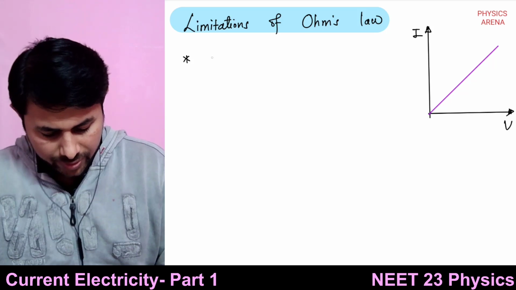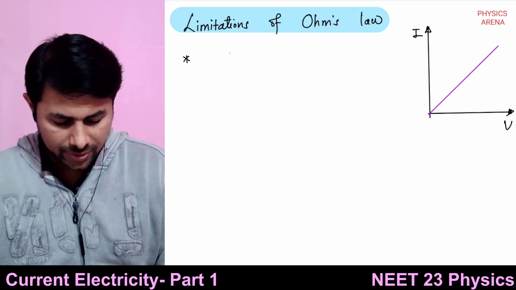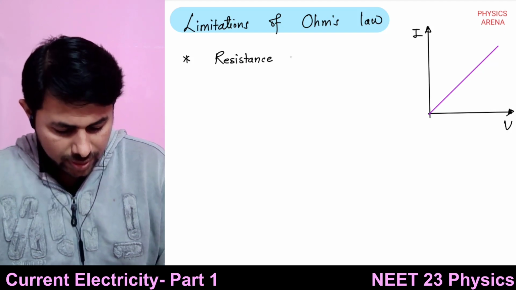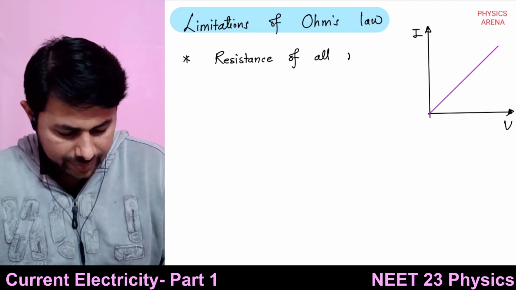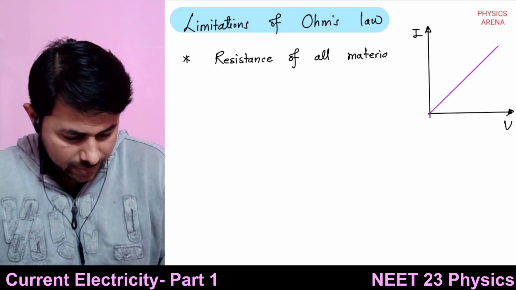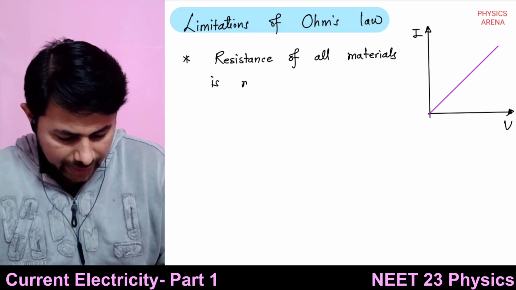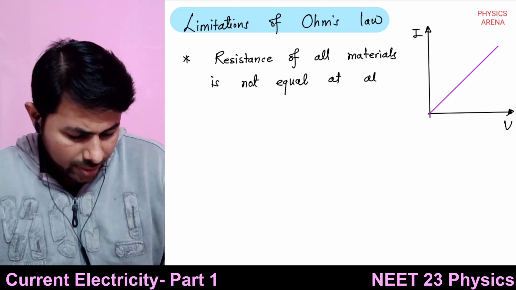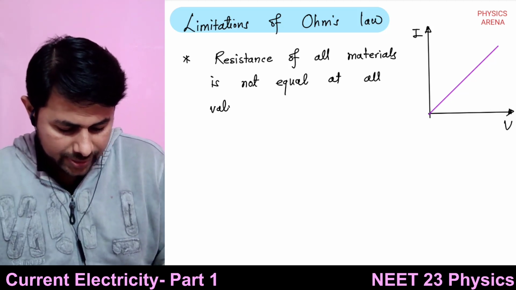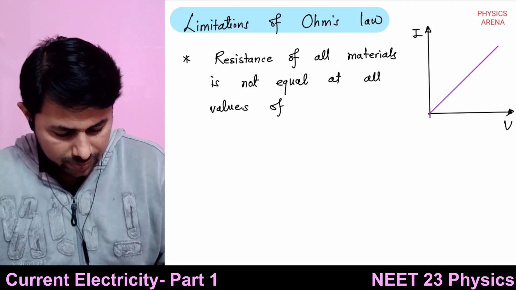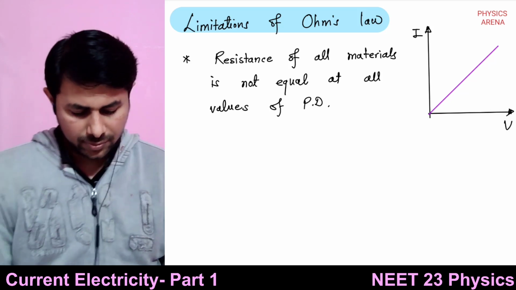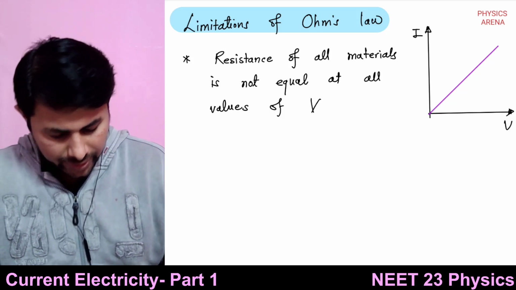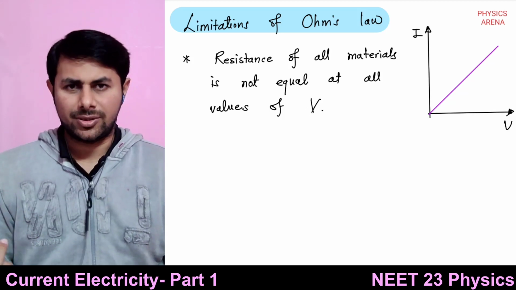So Ohm's law considers that resistance is constant, but the resistance of all materials is not equal at all values of potential difference, at all values of V. So it also depends on the potential difference.